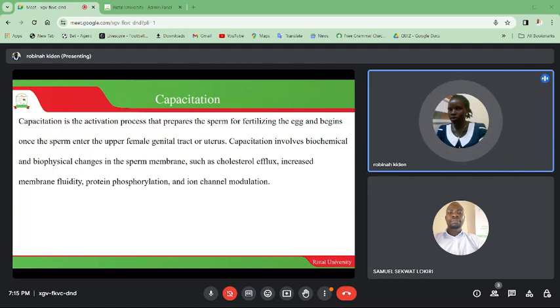So all these are changes that occur to make sure that the sperm gets energy so that it can fertilize the egg. There will be an outlet of the cholesterol from the sperm, and the viscosity, or what we refer to as the membrane fluidity, is increased to enable it to fertilize the egg.